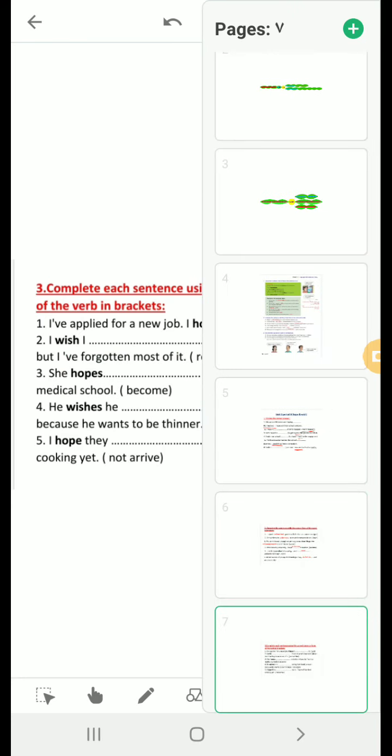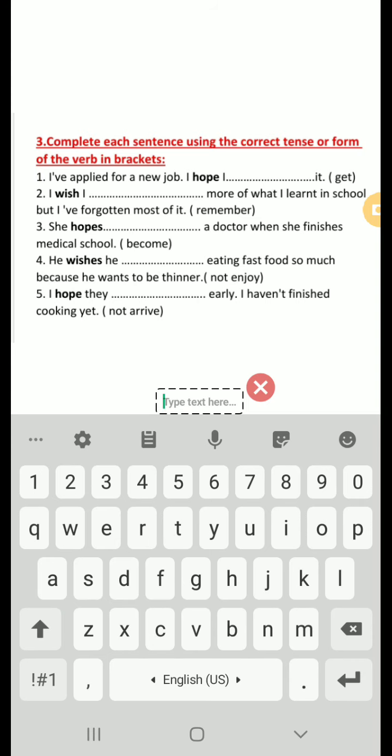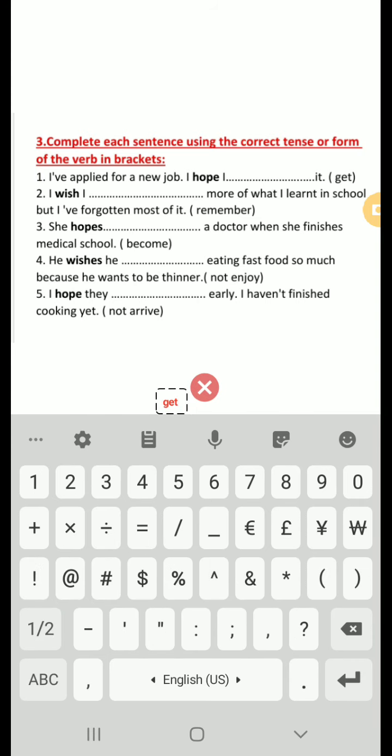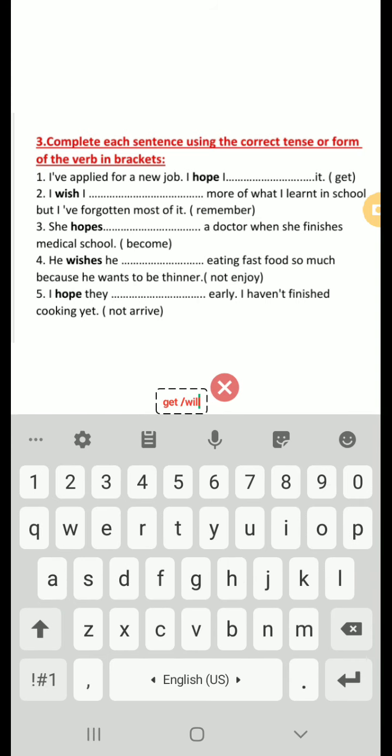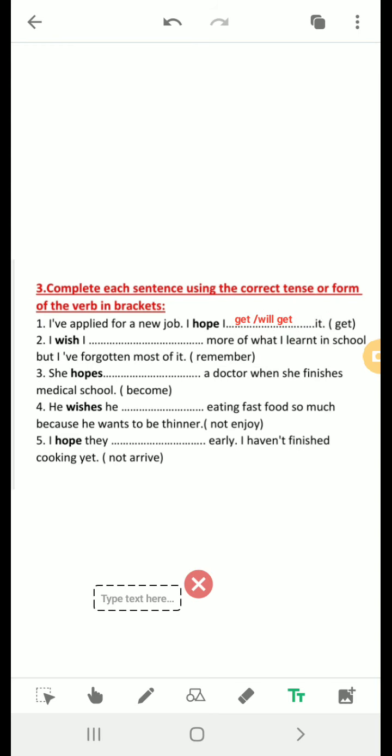Now exercise number 3, complete each sentence using the correct tense or form of the verb in brackets. I've applied for a new job. I hope I get or will get. The two answers are correct. Then I wish. After wish we use past form.